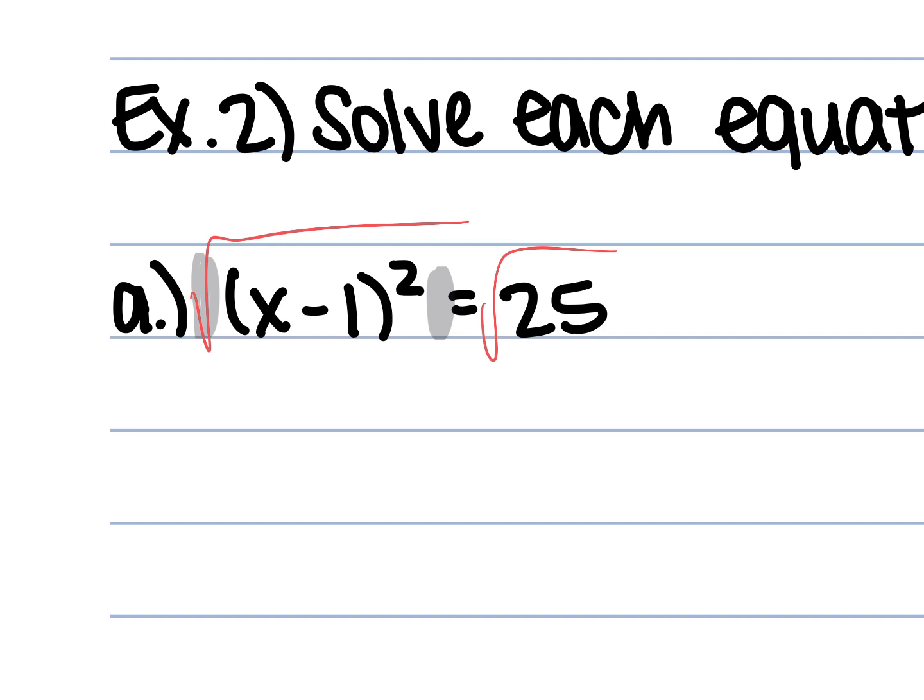So now the square root of x minus 1 squared, does anyone know what that is? X plus 1? It's just going to be x minus 1. Equals, what's the square root of 25? Plus or minus 5.